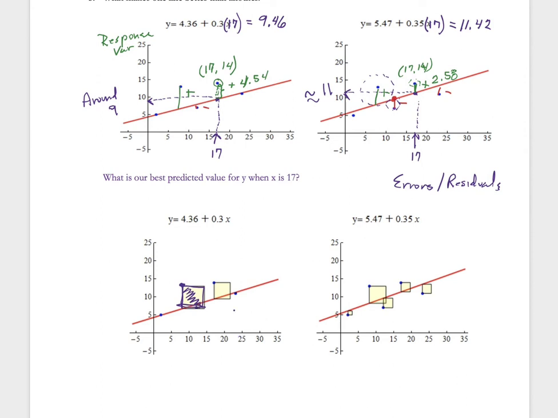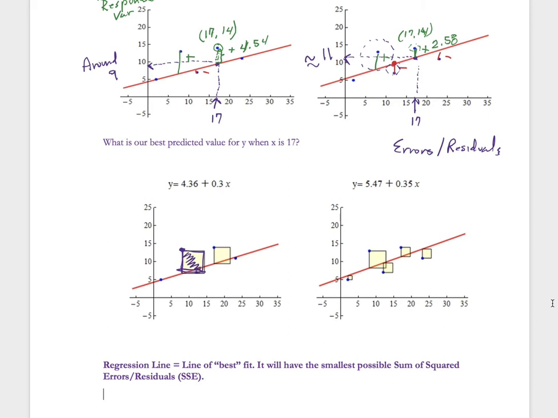So the line that fits our data best, which is called the regression line, is the line that has the smallest possible sum of squared errors or residuals.